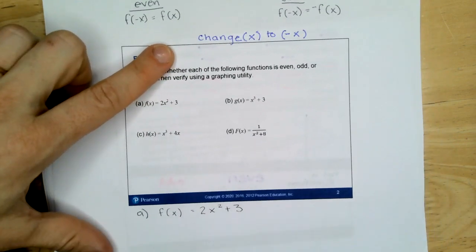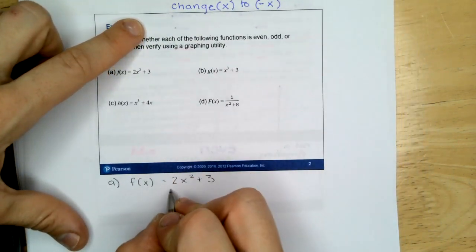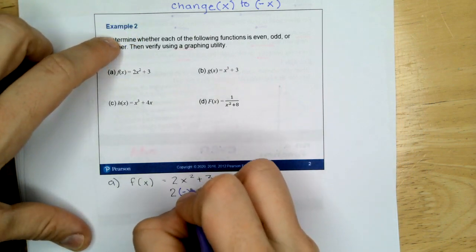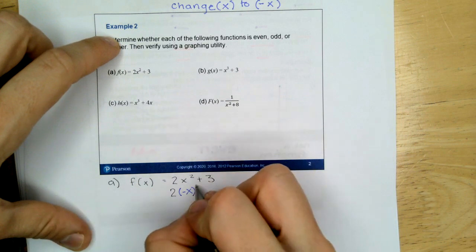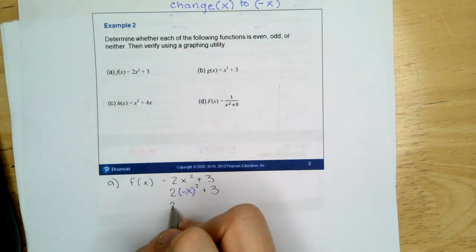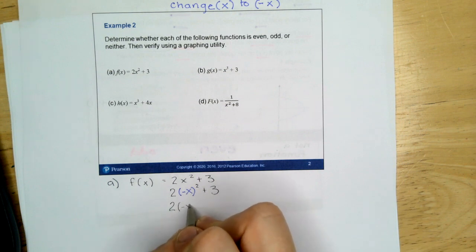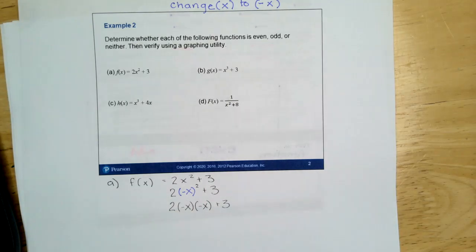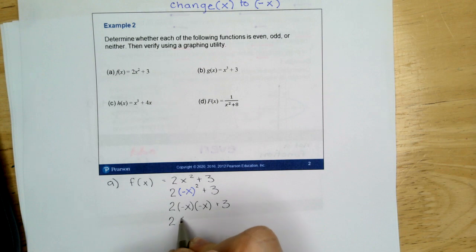Change x to -x. So now 2x squared is 2 times -x squared plus 3. -x squared means -x times -x, which is just x squared, because a negative times a negative becomes a positive.